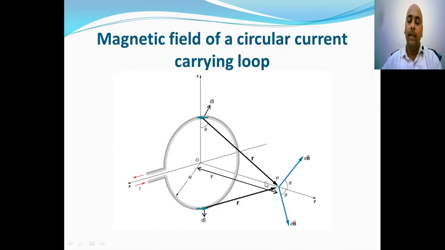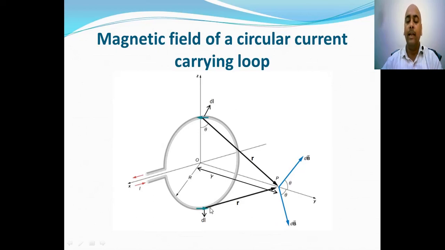Now the magnetic field at point P due to these differential elements can be obtained by using the Biot-Savart law. The direction of the magnetic field at point P is perpendicular to the dl and r vector, and using the right hand thumb rule, we can obtain the directions of the magnetic field due to these two differential elements, as shown in the slides.